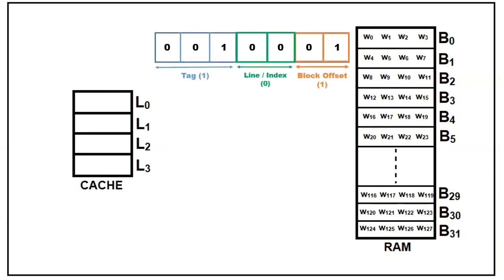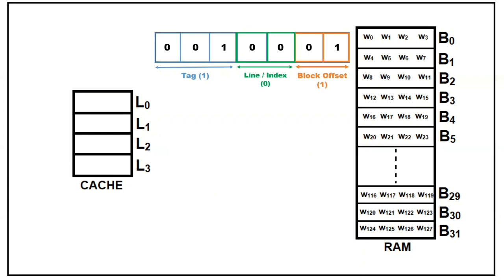And here we have already calculated how many bits are tag, how many bits are line or index, and how many bits are block offset. In the brackets, I have written down the decimal values of the corresponding binary values.